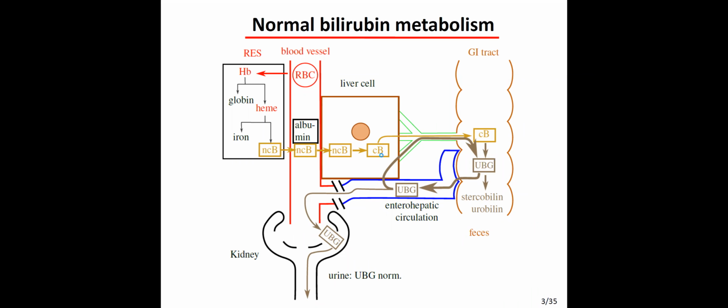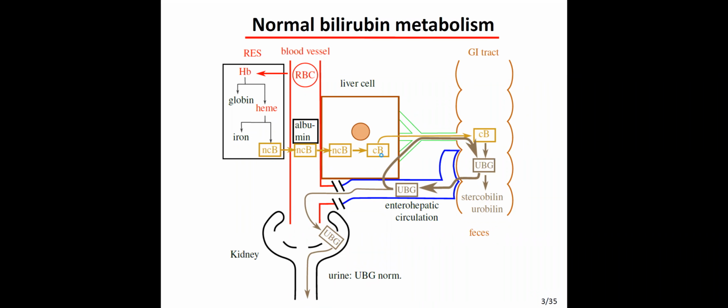When the red blood cell is broken down, usually in the spleen, it gets into the reticuloendothelial system, into the macrophage system. What happens there? The hemoglobin is separated into the globin part and the heme part. The iron is utilized and the heme is converted to the bilirubin.